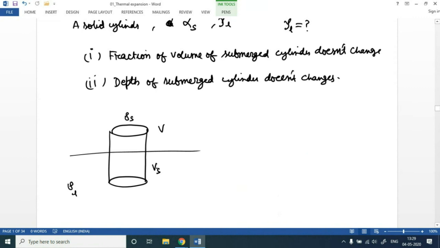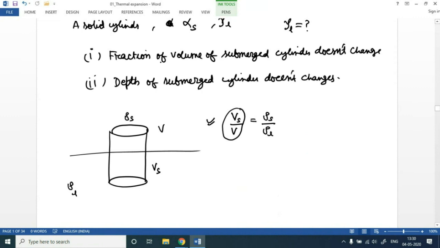As we know, the fraction of submerged volume, Vs by V, is given by nothing but rho S by rho L. We have already looked at this expression when we were dealing with the Archimedes principle. Now you should realize this fraction of submerged volume we do not want to change.